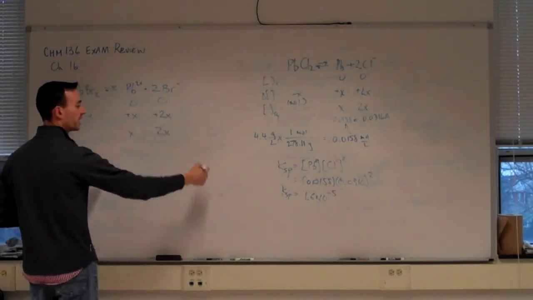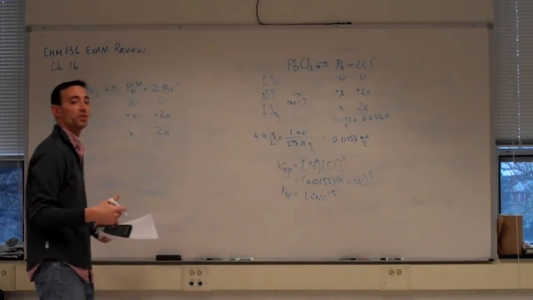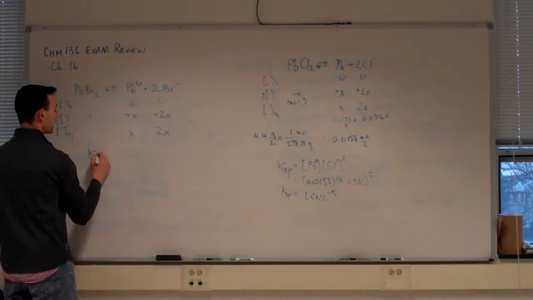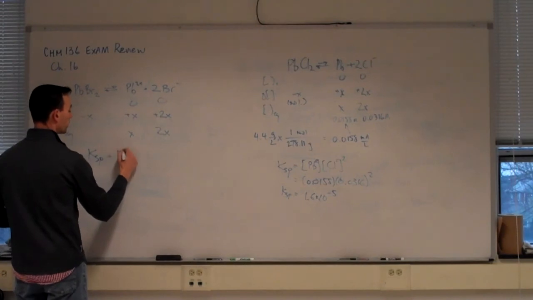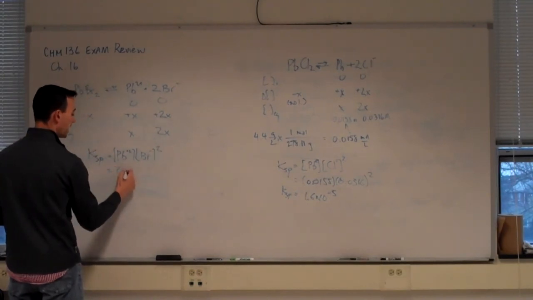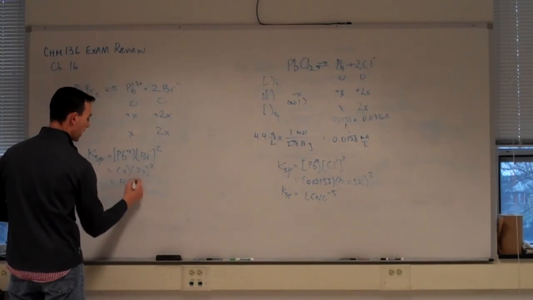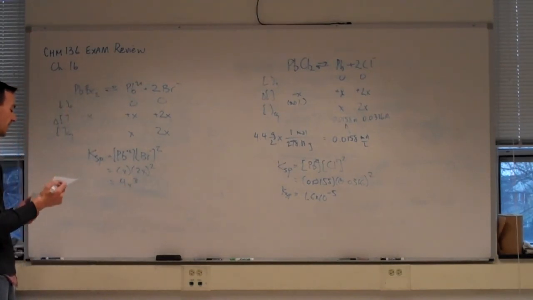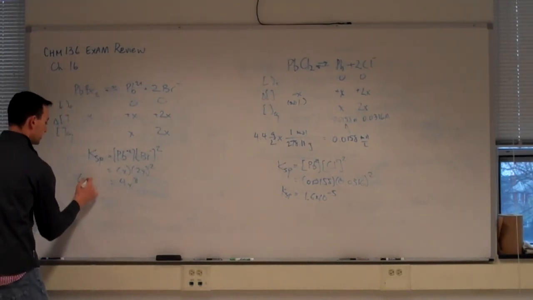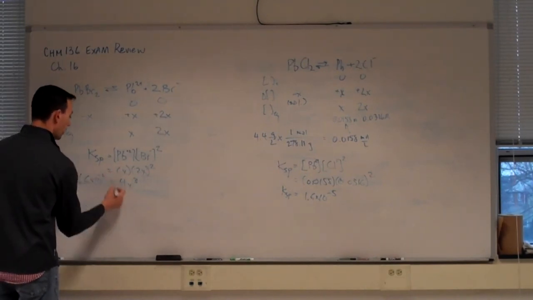Now this time we don't have any information about how much dissolves like we did over here. We're actually trying to figure that out. So our Ksp will equal the lead concentration times the bromide concentration squared. So that's x times 2x squared, or 4x cubed. The Ksp is given as 6.6 times 10 to the negative 6th power.